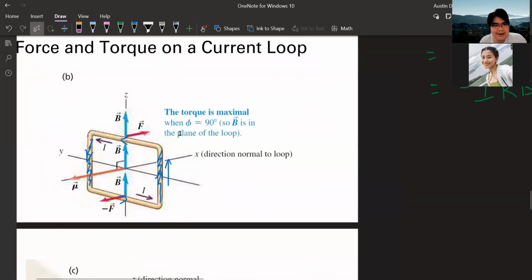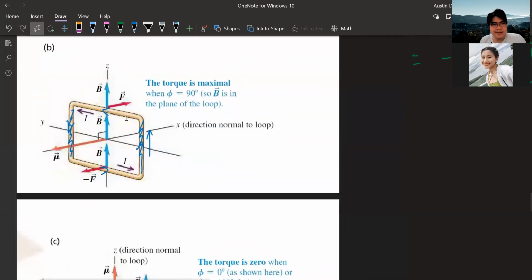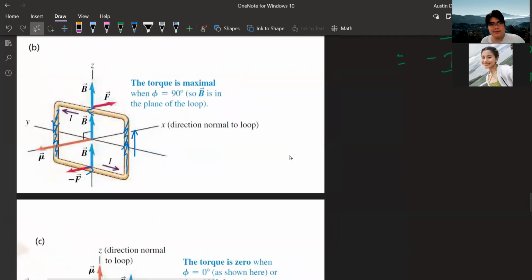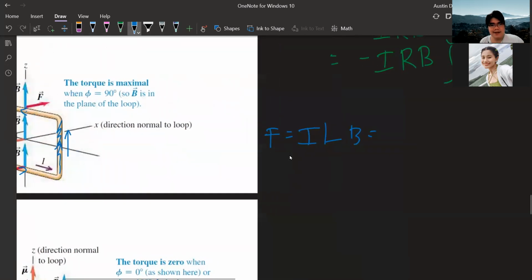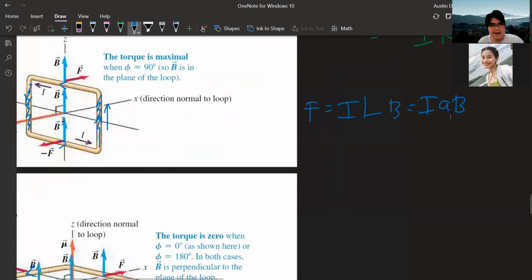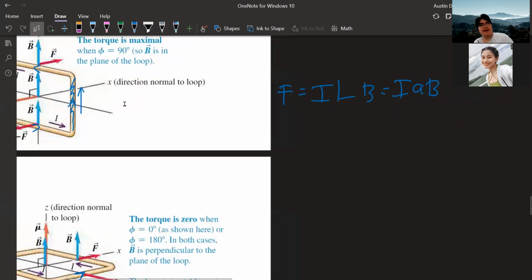Let's calculate lang natin explicitly kung ano tong bagay na to. So, the force is IL cross B. ILB na lang. So, meron akong I, meron akong B. And then, sabihin natin L is A. Okay, so IAB. And then, i-shift ko siya by some angle.